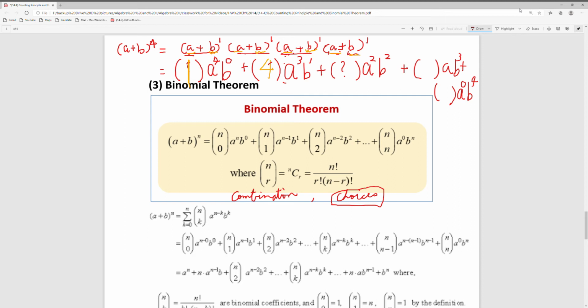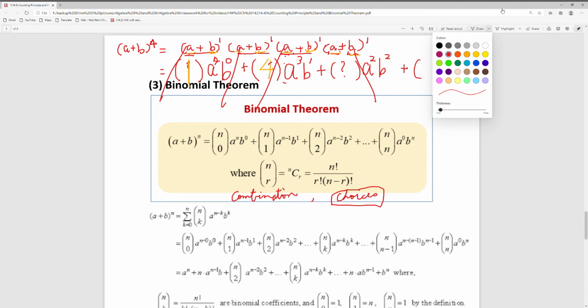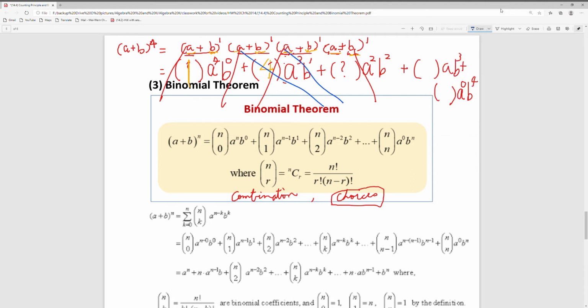Which one first? It doesn't matter as long as it's the choice. You choose this 3 a's to multiply and this b. That is one choice, right? Or you may choose this 3 a's and this b. That's one choice. But for each choice, you may have b, a. It's the same.